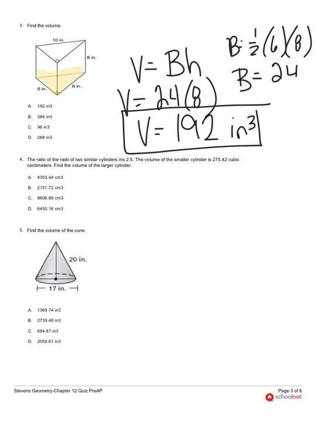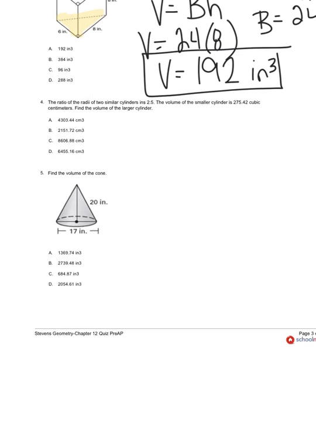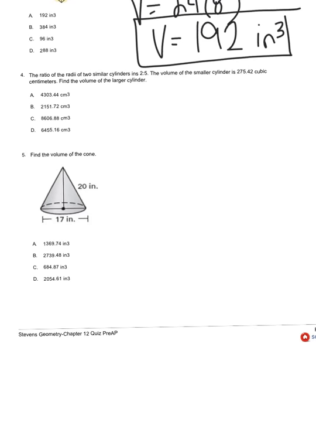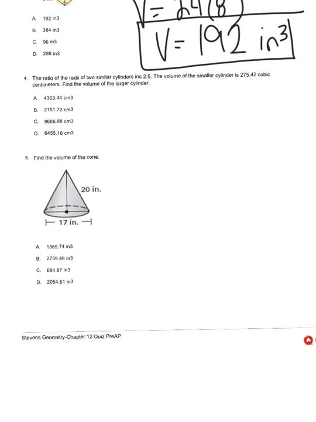Question number 4. The ratio of the radii of two similar cylinders is 2 to 5. The volume of the smaller cylinder is 275.42. Find the volume of the larger one. So if I know the ratio is 2 to 5, and I'm talking about volume, we are actually going to cube all of this.